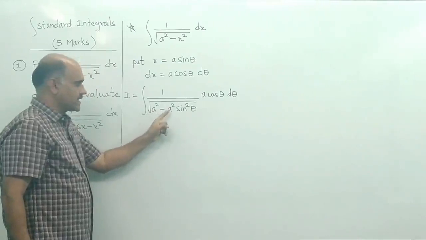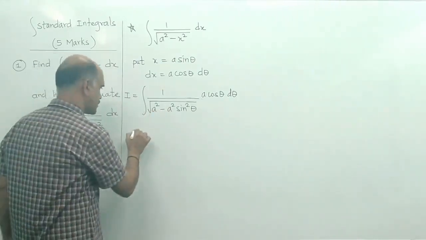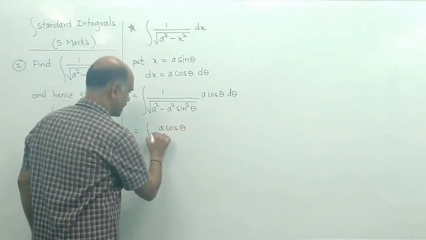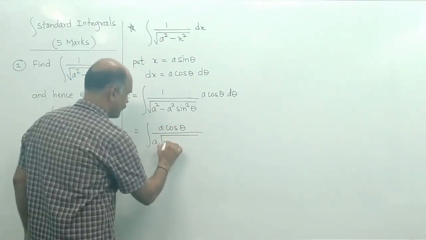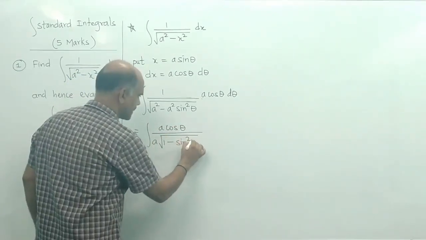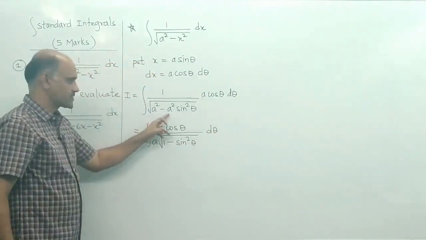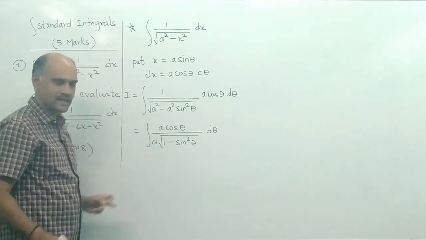Now if you take a square common, outside the root it will become a. So you will have integral of a cos theta divided by a root of 1 minus sin square theta into d theta.